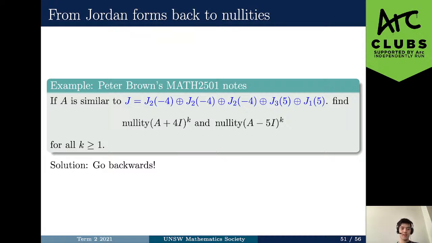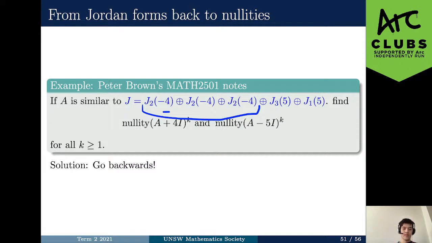The other one will be the same. So this is the Jordan matrix. These are all of the Jordan blocks corresponding to an eigenvalue of -4. So we're trying to find the nullity of A plus 4I to the k. Remember, for each linearly independent eigenvector, it should have its own block.